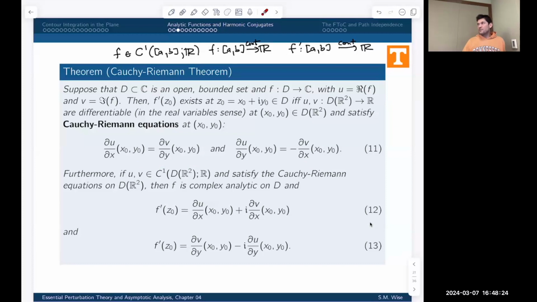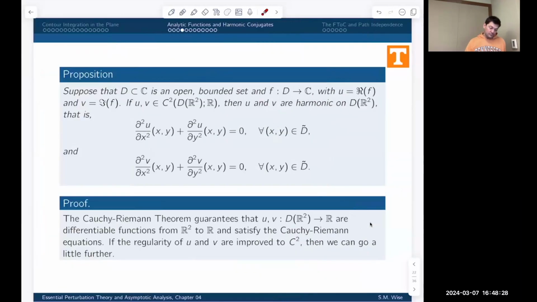So it's a much more powerful statement. We're going to use all of this stuff. I promise you, we're going to use every bit of it when we talk about the steepest descent method and the saddle point method.